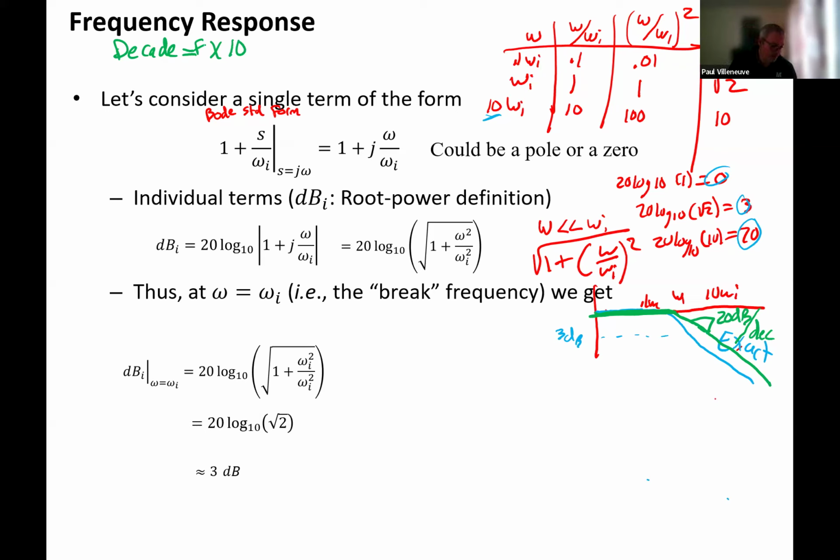So to go from 1 to 10, I multiplied by 10. That's 1 decade. If I go to 20, that is not multiplying by 10. That is multiplying by 2. If I go to 100, that is multiplying by 10. That is 1 decade. What is a doubling of frequency going to be equal to?